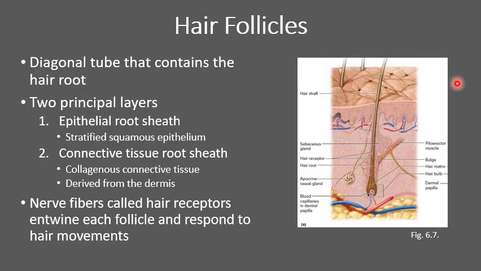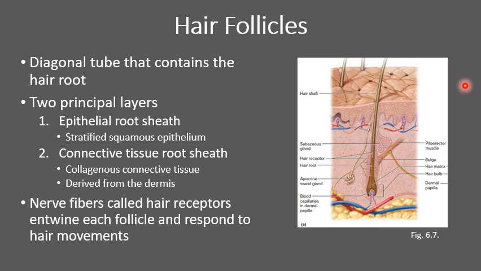Then hair follicles. As I mentioned, your hair follicle is a diagonal tube that contains the hair root. There are 2 principal layers in a hair follicle. You have the epithelial root sheath, which consists of stratified squamous epithelium, but then you also have the connective tissue root sheath, which contains collagenous connective tissue and is derived from the dermis.